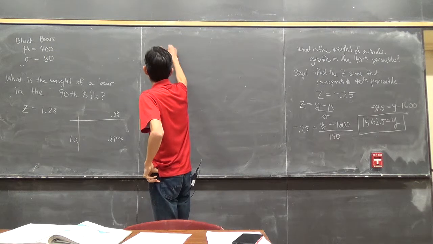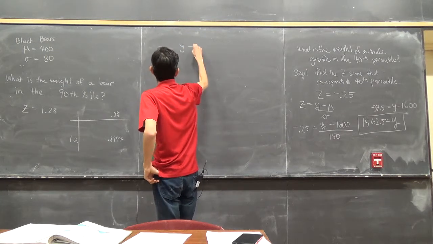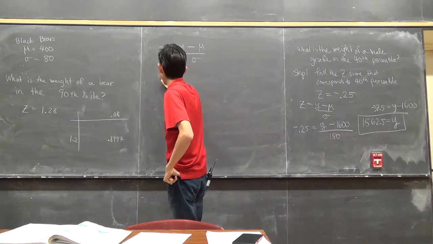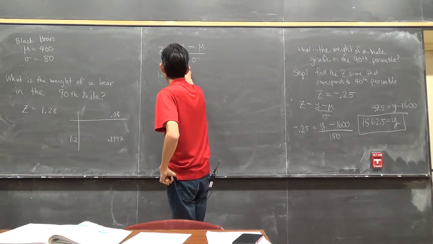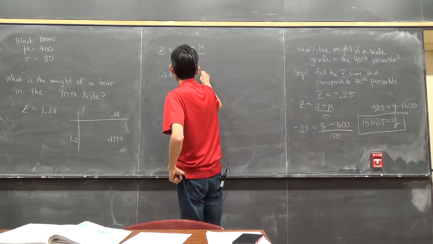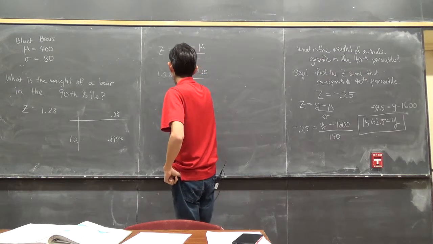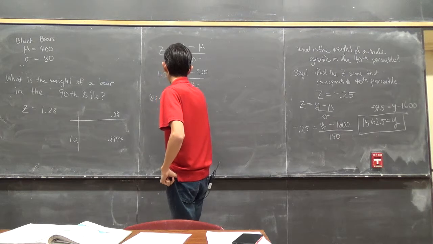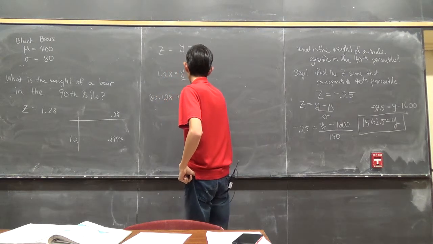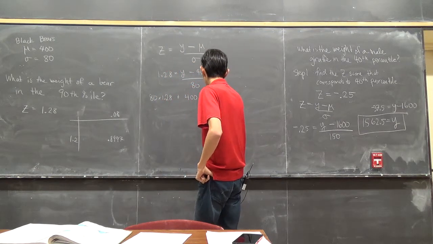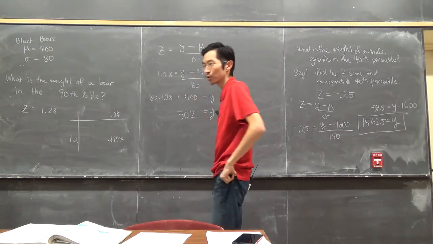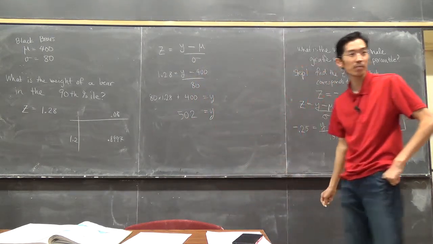Plugging that in and solving for y: 1.28 is equal to (y minus 400) over 80. We do 80 times 1.28 plus 400 is equal to y, and we get 502-ish.